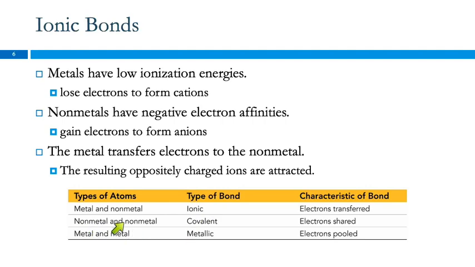Covalent bonds happen between nonmetals with each other, and because the nonmetals aren't interested in losing electrons, nobody's willing to become a cation, and so instead of transferring electrons, they share electrons. And then metallic bonds are the bonds within a metal, a piece of aluminum, or between different metals in an alloy. And we'll talk about this at the end of the chapter, and this is where electrons are pooled. They're not really shared, they're just kind of put into a collective pot.